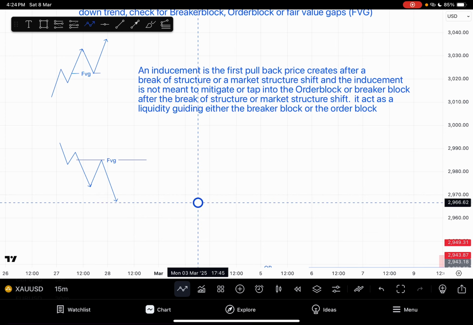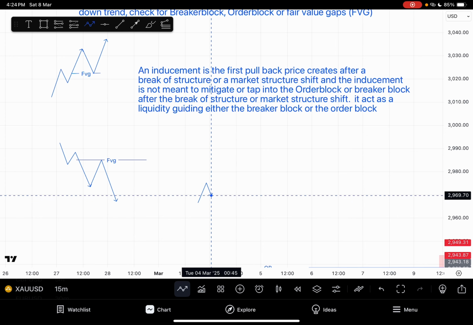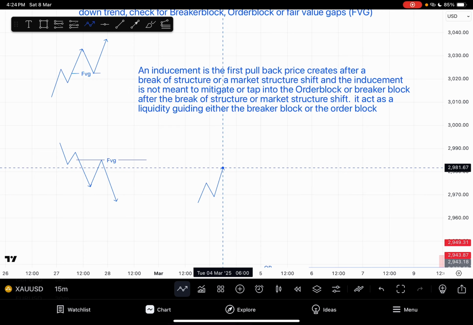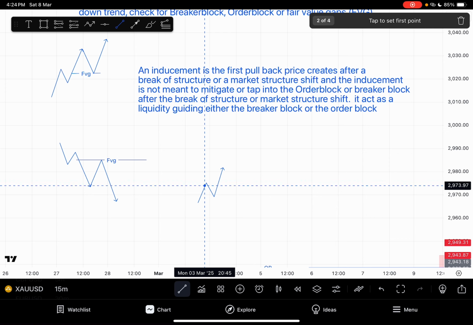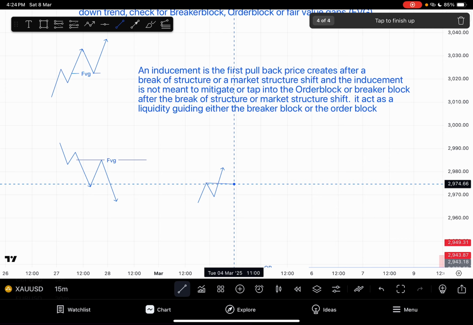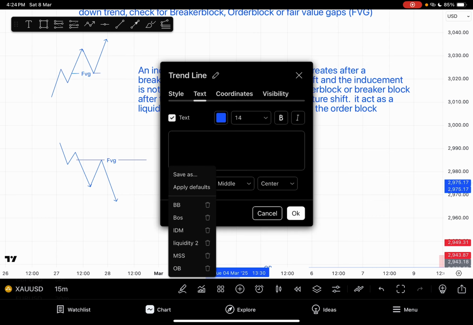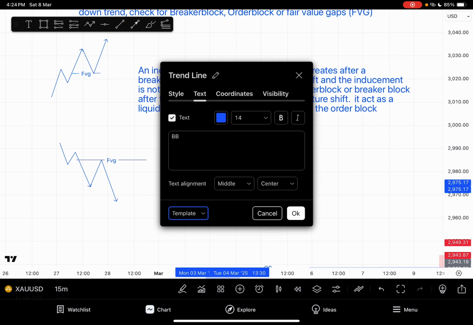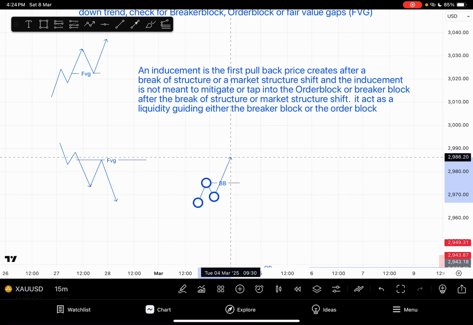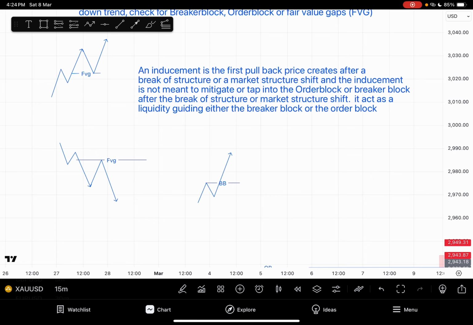So once you see price creating a break of structure in this direction, let's say for example there's a breaker block here after the break of structure. Remember, the inducement is the first pullback price creates after a break of structure or a market structure shift, and it is not meant to mitigate or tap the order block or breaker block.